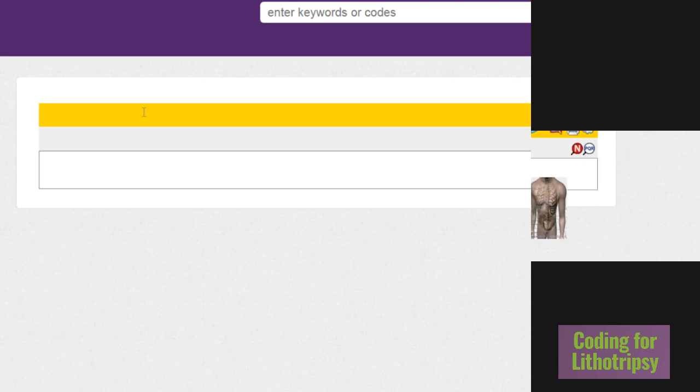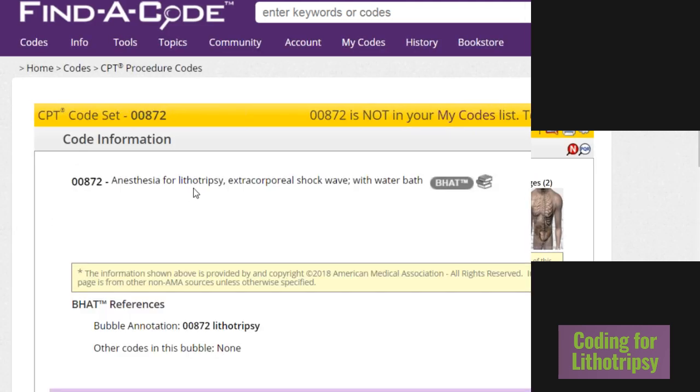So look at 00872, anesthesia for lithotripsy, extracorporeal, which just means from the outside of the body when you see extracorporeal. Shockwave with a water bath. Now, real quick, if you're going to do the BAT technique, which we encourage you to do, you're going to highlight bath water or water bath, and then lithotripsy extracorporeal shockwave.